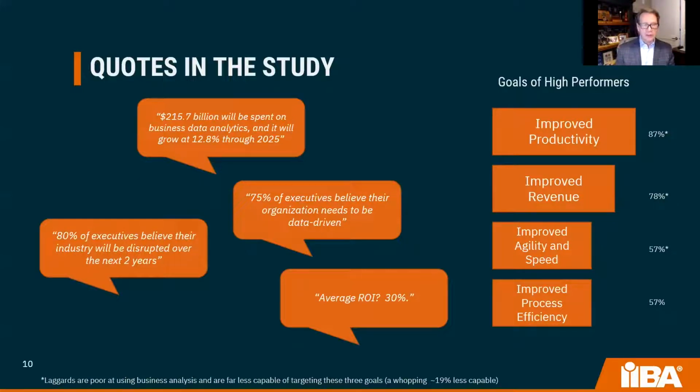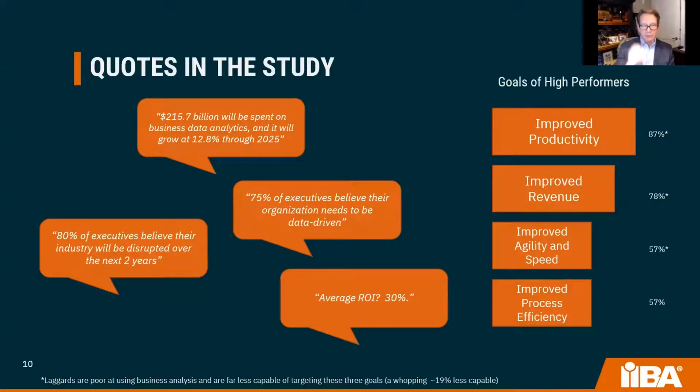And it's really related to this area of improving productivity, improving revenue, improving agility and speed. Those are the three biggies for the top performers out there. And what that really means is fundamentally re-architecting how some of these organizations physically go to market, right? It's shifting how business is done in much the same way that the internet shifted and e-commerce shifted how business is being done. Now, what's interesting in here is see the three little stars beside it?